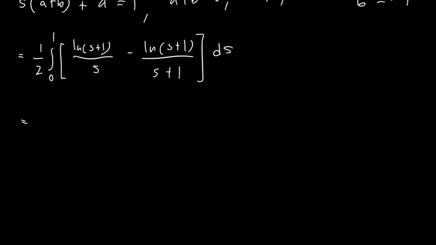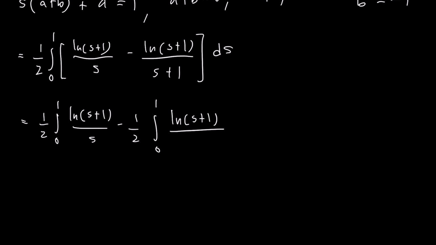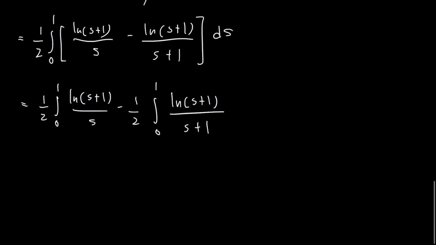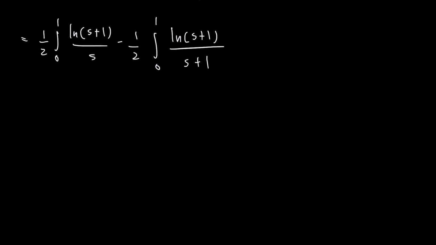So we have 1/2 the integral from 0 to 1 of the natural log of s plus 1 over s, minus 1/2 the integral from 0 to 1 of the natural log of s plus 1 divided by s plus 1. And I'll focus on this inner integral. So the integral from 0 to 1 of the natural log of s plus 1 over s.